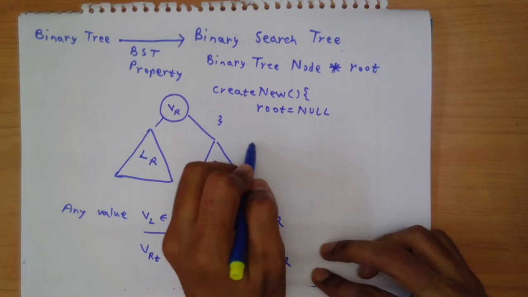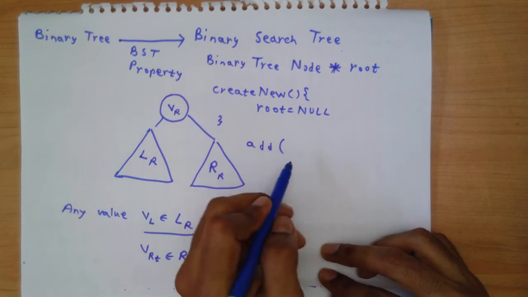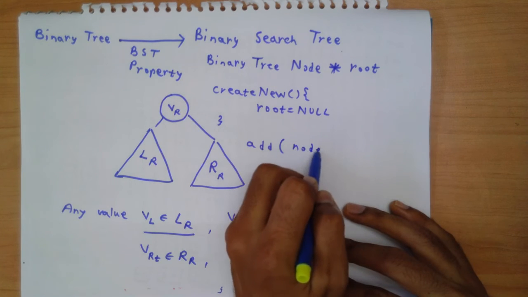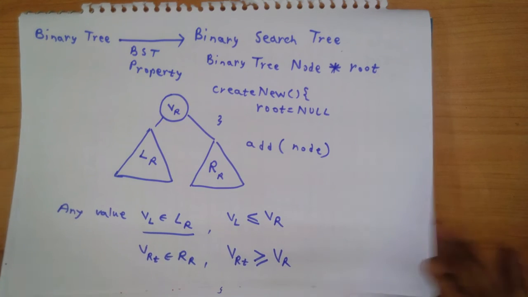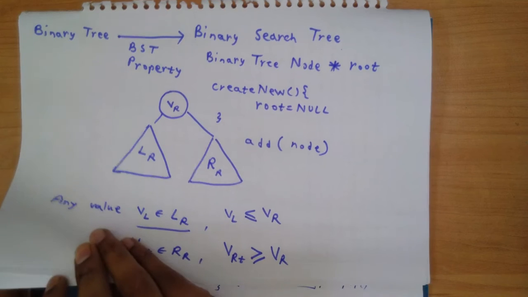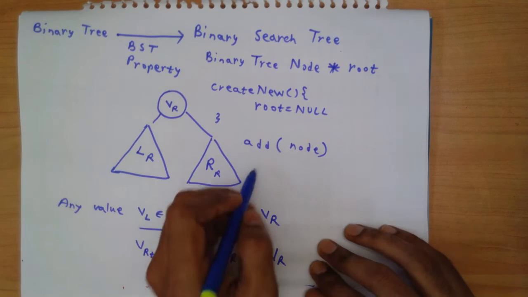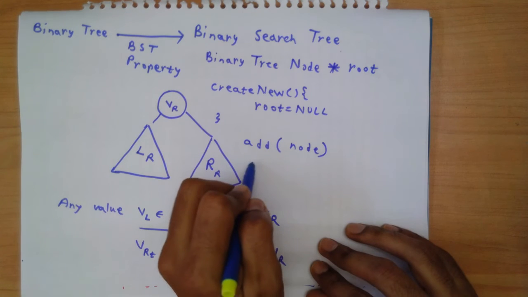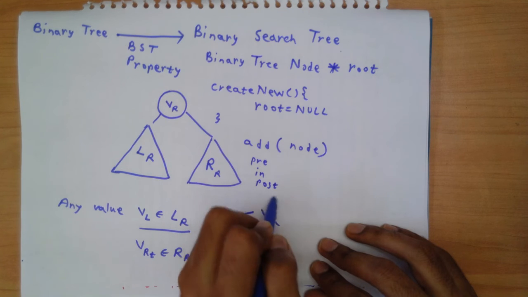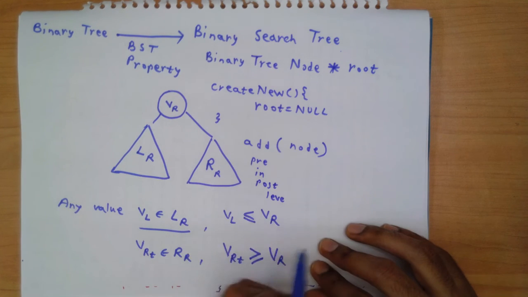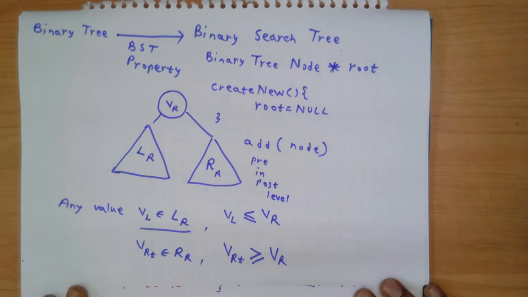So all we can do is say: add a particular node to my binary search tree. I'll give you the address of the node and you are supposed to add it. We'll go through it. Then we had the various traversals after building the tree, and those remain the same: pre-order, in-order, post-order, and level-wise traversals. There is no difference.